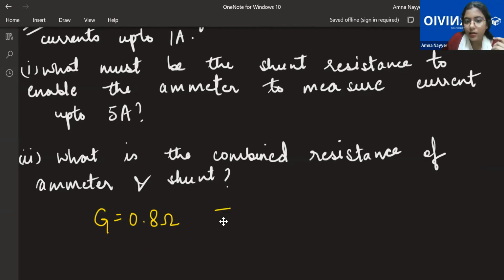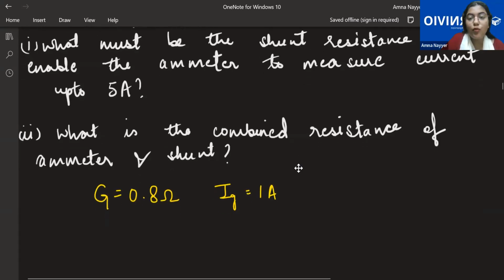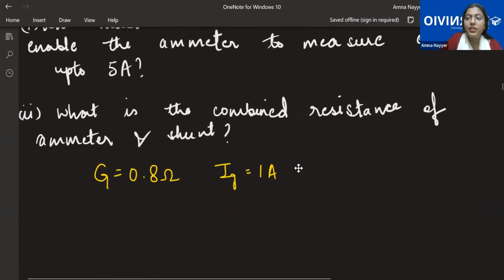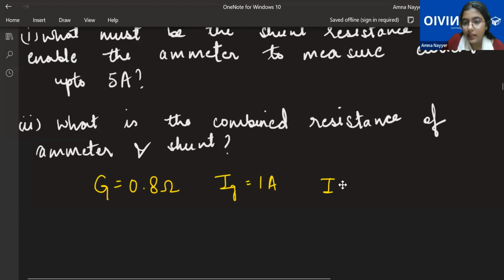We used to take the current through the galvanometer as Ig. This was 1 ampere. The question asks what must be the shunt resistance to enable the ammeter to measure current up to 5 ampere, meaning the current in the circuit is 5 ampere. It asks for the value of the shunt so that all these things are in line.